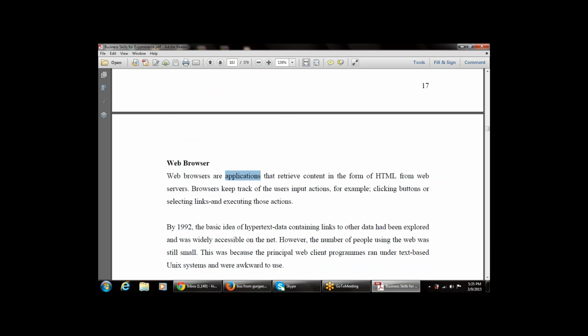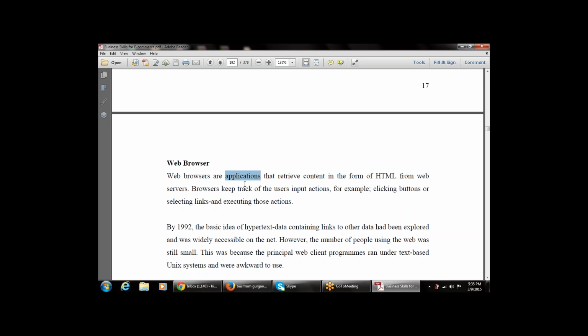Next is the web browser. Web browsers are applications that retrieve content in the form of HTML from web servers. For example, Google is a web browser used to browse something from the web, as the name suggests. Browse means searching for something from the web.